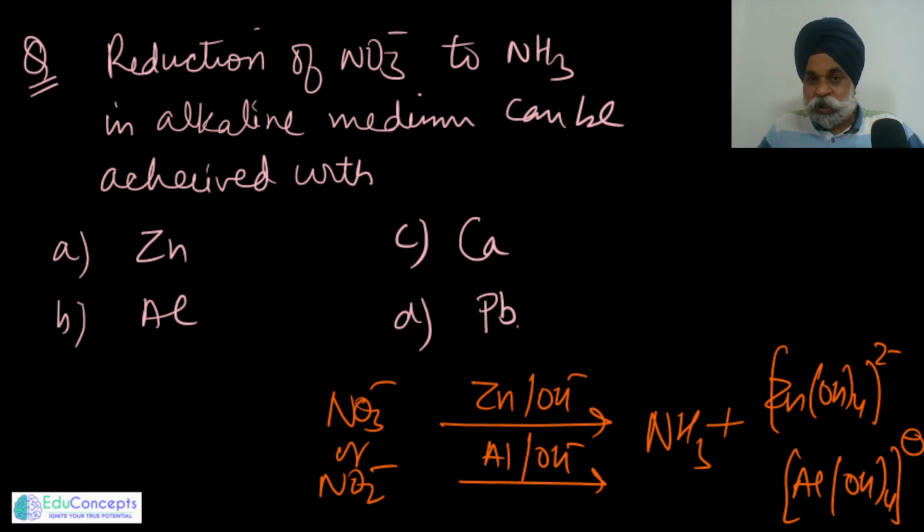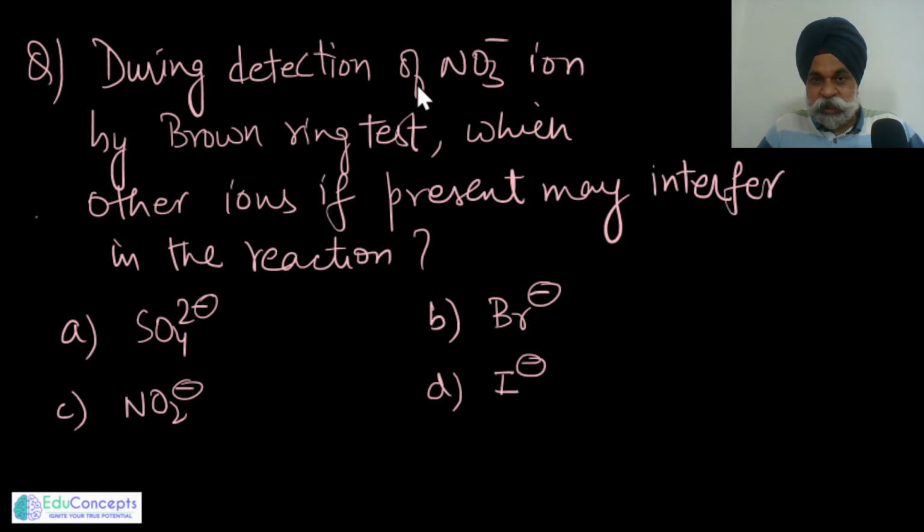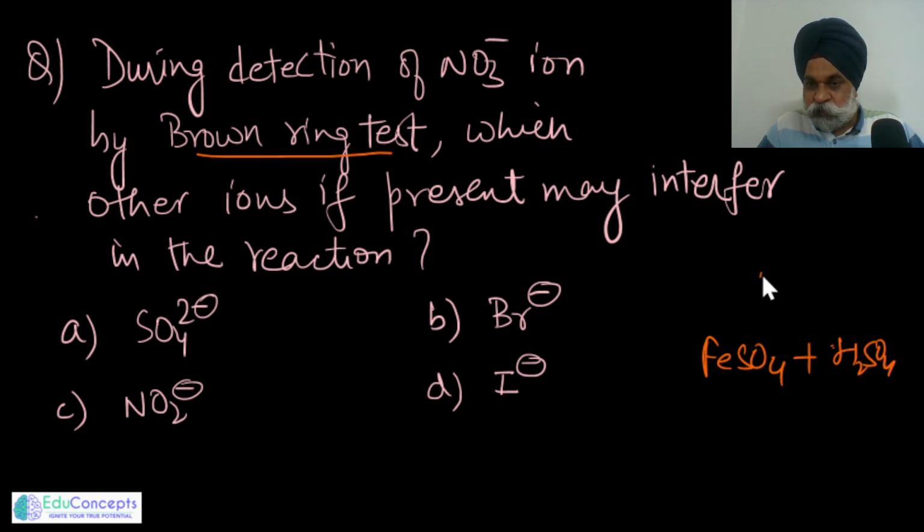Okay, coming on to the next one. During the detection of nitrate ion in the brown ring test, which other ions, if present, may interfere? So this again is a very interesting question, because in the brown ring test what you require is ferrous sulfate along with sulfuric acid, and of course you are either taking nitrate or nitrite.